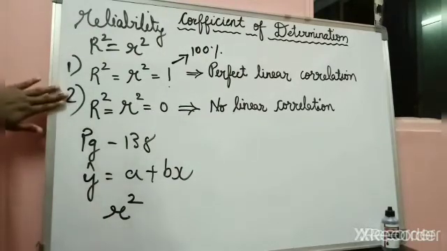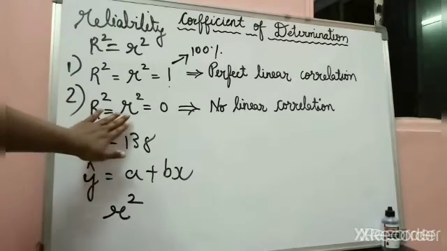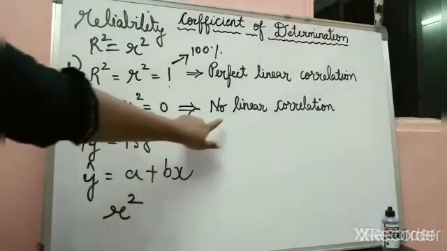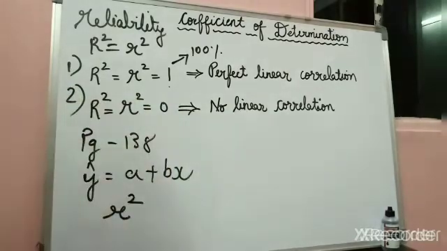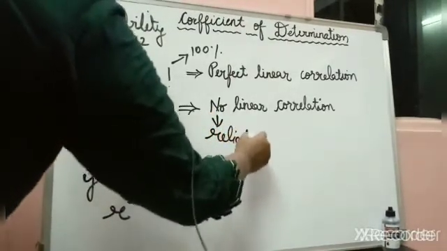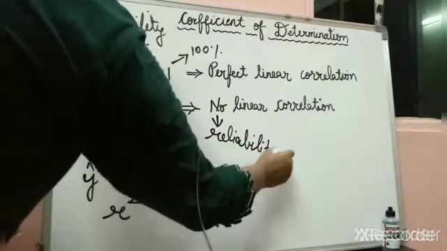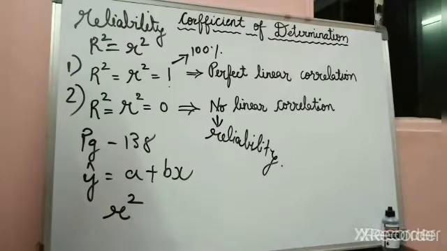And second case, when your coefficient of determination, which is equal to square of correlation coefficient, is 0, then there is no linear correlation. So in that case we can say that there is no reliability. Clear? There is no reliability existing. Clear? Okay.